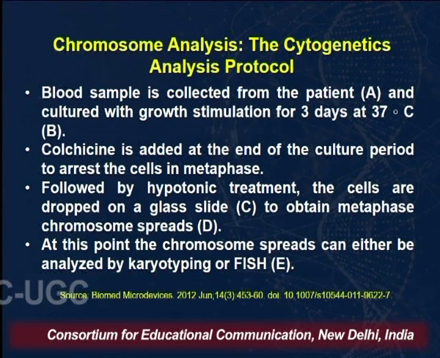Now, hypotonic treatments are given, the cells are dropped onto the slides and the metaphase plates are prepared. They are stained and observed under the microscope or the machines through which the images are taken. Then subsequently karyotyping is done, or the FISH method, which is called fluorescent in situ hybridization.